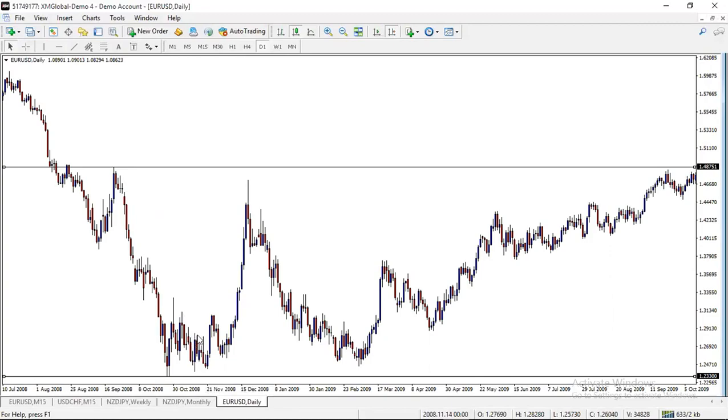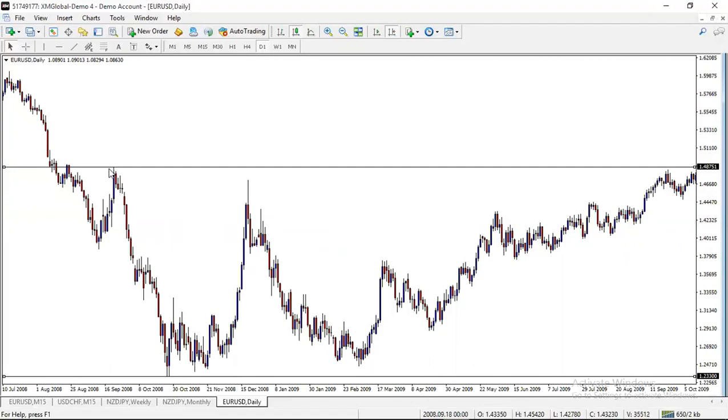So it didn't retest. Same as this one, it didn't retest on that price. This was also a possible retest of the support price, but it didn't reach the support.